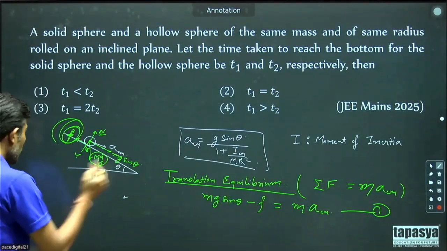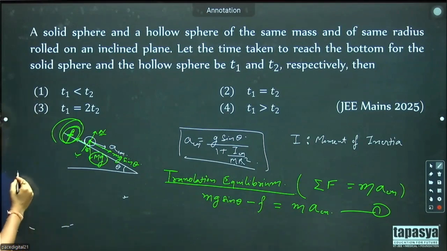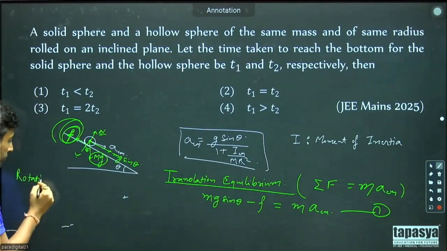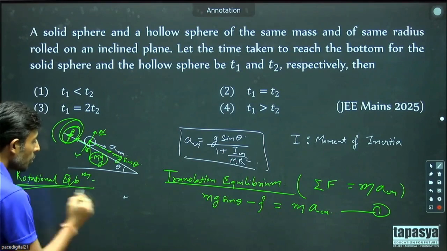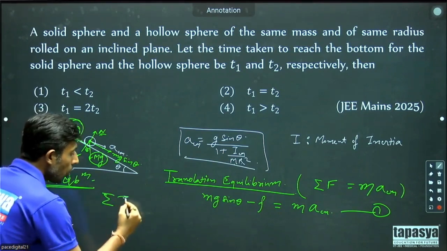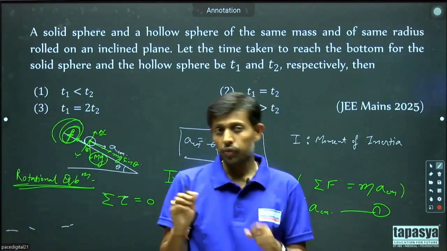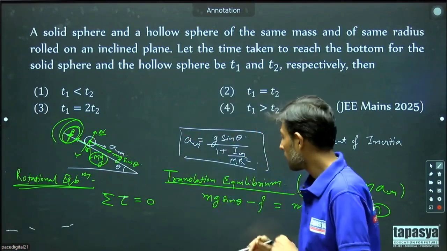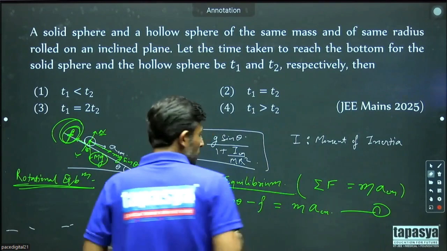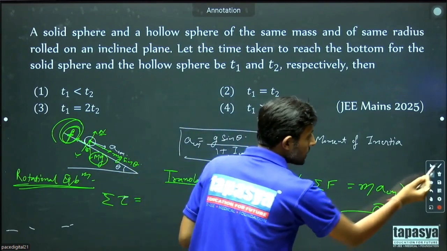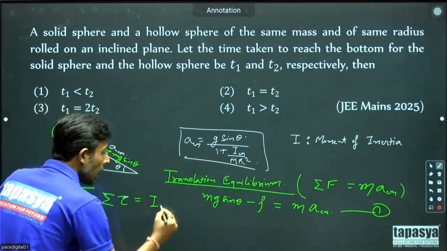Then we'll write the equation for rotational motion as well, so rotational equilibrium. Summation of all the torques is 0 if the body is in equilibrium, but this one is not in equilibrium. So we'll say summation of all the torques is responsible for its angular acceleration, which is given by torque is equal to I alpha.